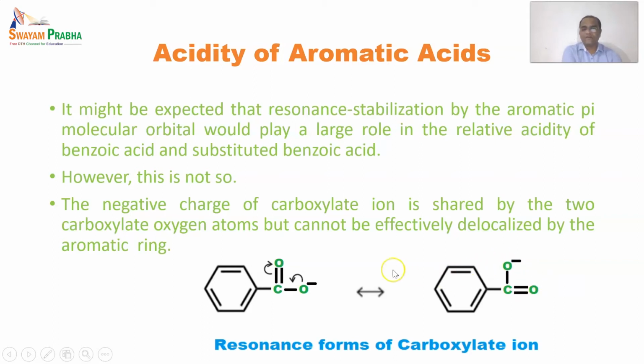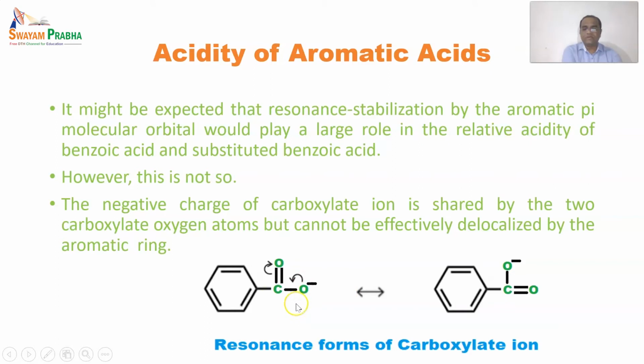For the electron to shift onto the aromatic ring there should be no other oxygen atom, but here it is not possible. Here it has an oxygen, so as soon as one regains, one breaks, again one regains, again one breaks.